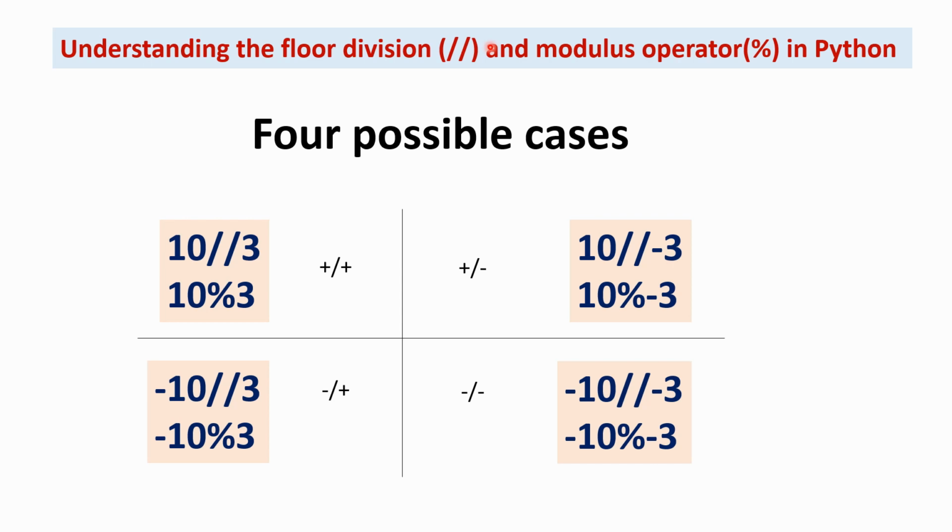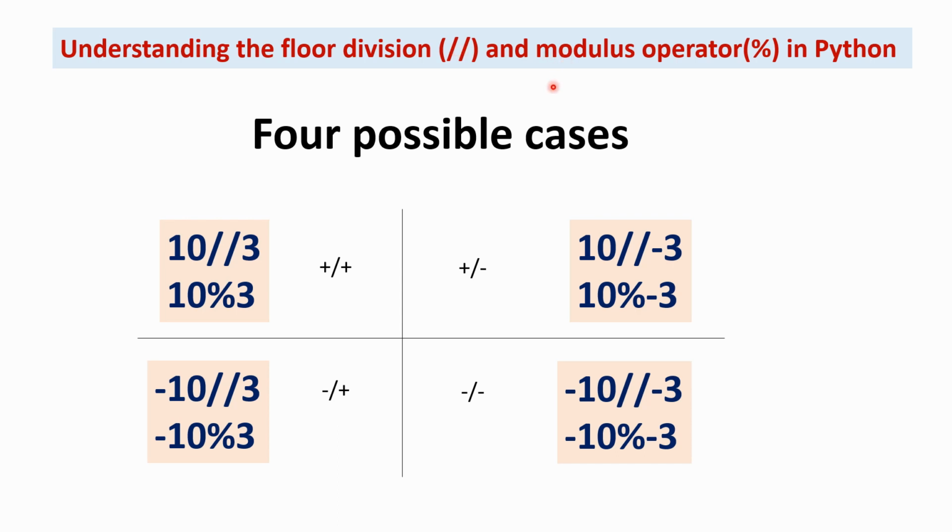The smallest integer which is less than minus 3.33 is not minus 3, because minus 3 is greater than minus 3.33. So the answer will be minus 4. So whether it is minus 10 by 3 or 10 by minus 3, by looking at it, you'll say that it is minus 4.